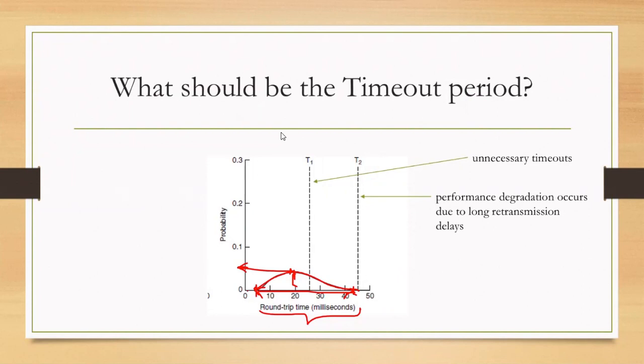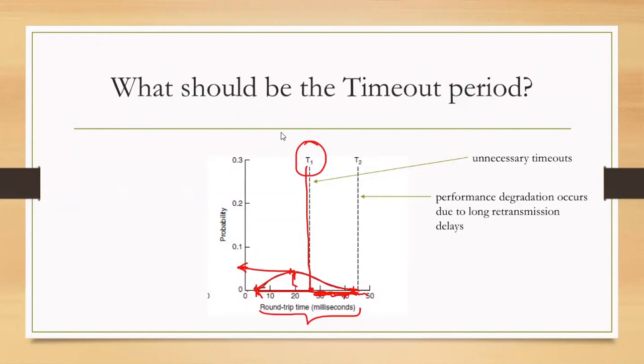because of the underlying network congestion and network scenarios. So if these are the round trip times, then how should I set my RTO timer? Suppose I set it to T1. So this is the time. This may be too early, because you can see a good number of the round trip times are after this point T1.